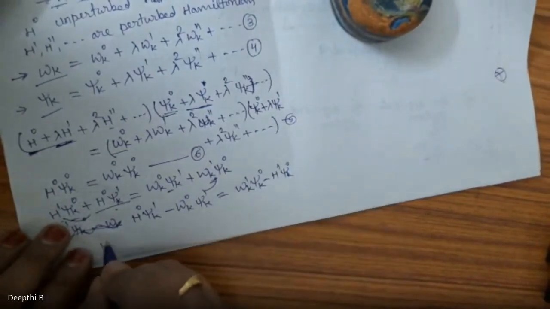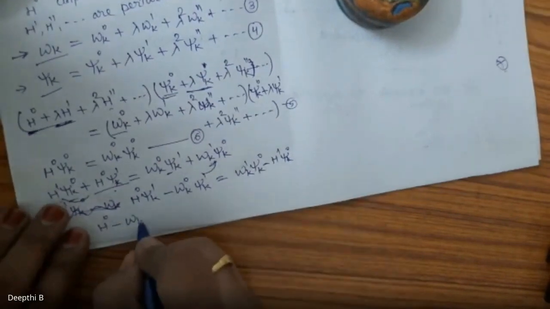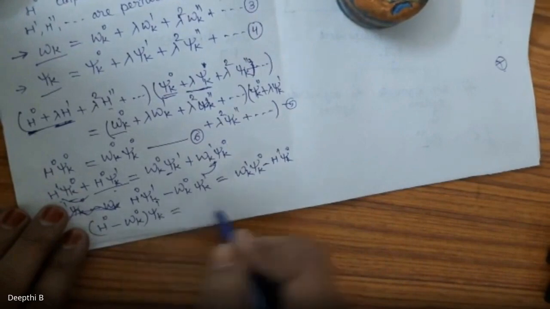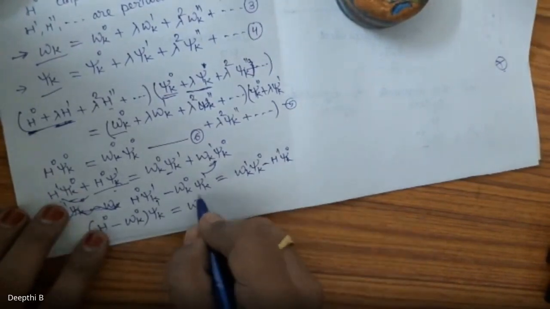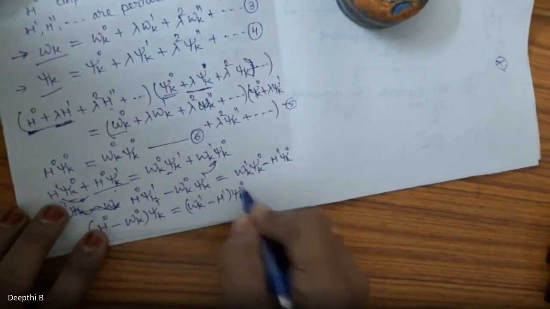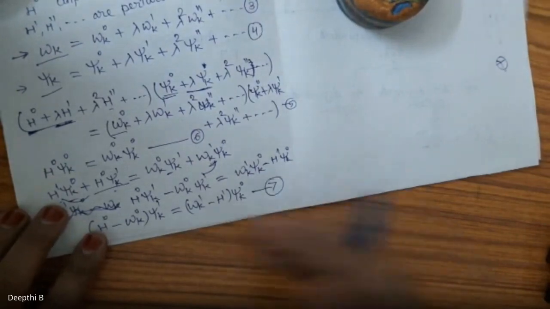Now H naught minus Wk naught, psi k prime common, is equal to, here psi k naught common, Wk prime minus H prime into psi k naught. This is equation 7.